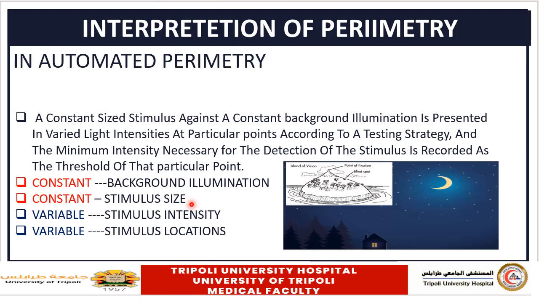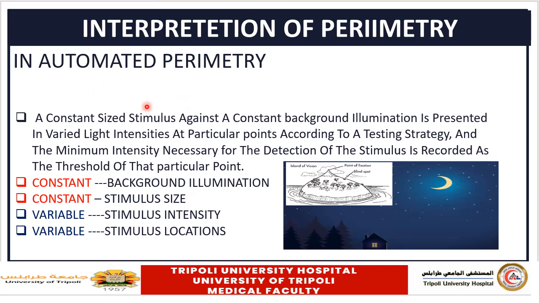Static automated perimetry is a standardized procedure. By standardized procedure, we mean that the parameters used in static perimetry are standardized in terms of the stimulus size and locations and the background illuminations, based on the strategy that you are using.